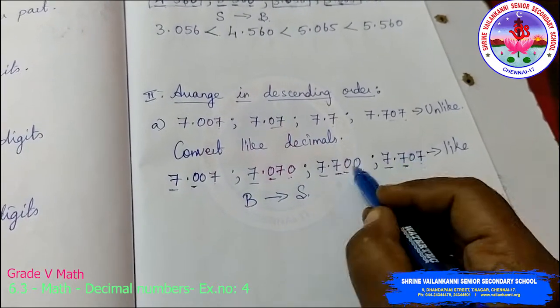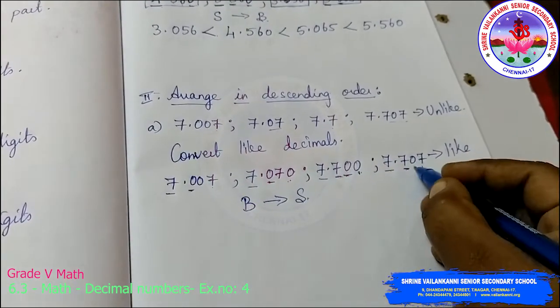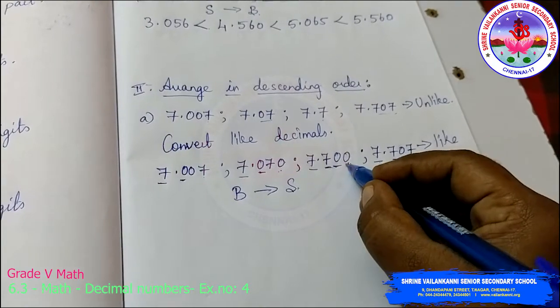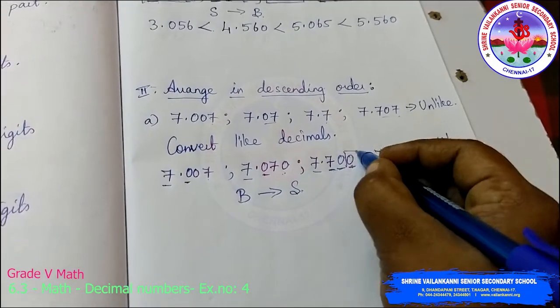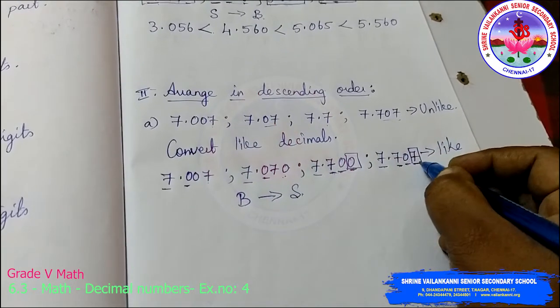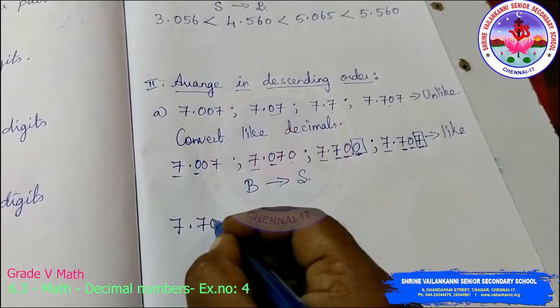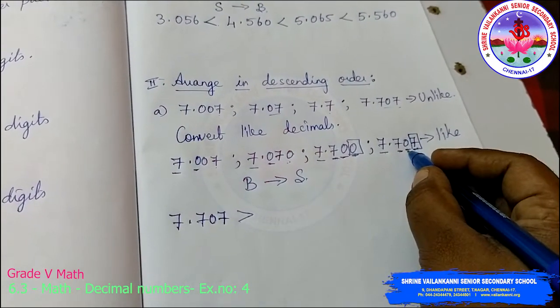So these two numbers we have to compare in the 100th place: 0, 0. In the 100th place also similar. Next the 1000th place: 0, 7. If you compare 0 and 7, 7 is greater. So 7.707 is the first greatest number.